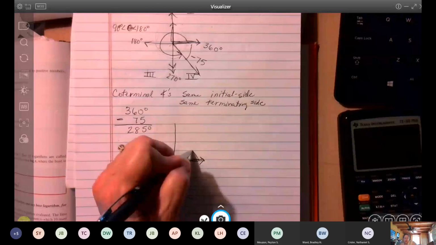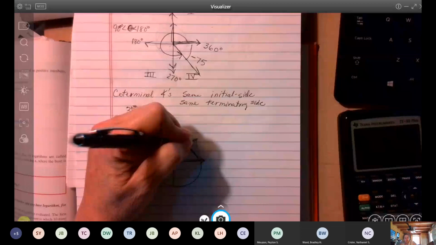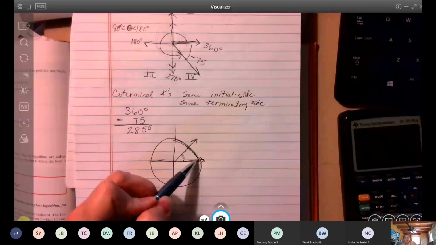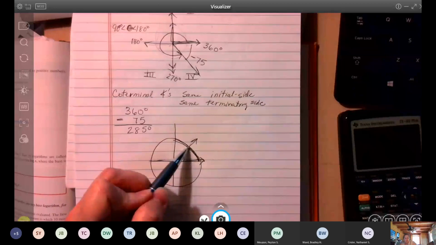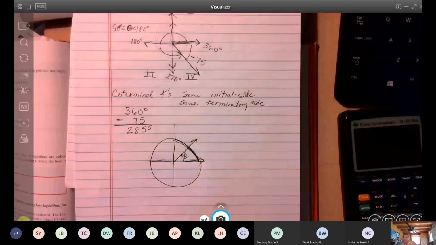I have a circle around here. And then I've got an angle that's going to intercept my circle. You see how lazy my circle is. This is called an arc. This angle in here is going to be called theta. And this is going to be the radius.